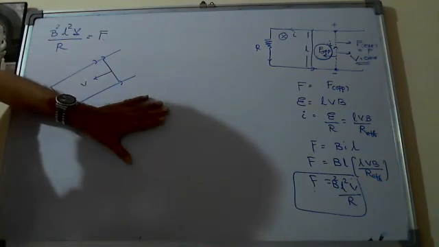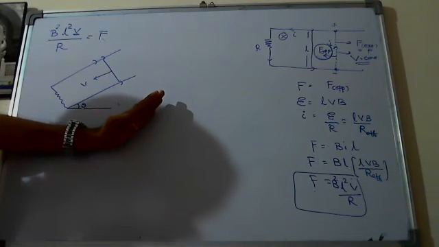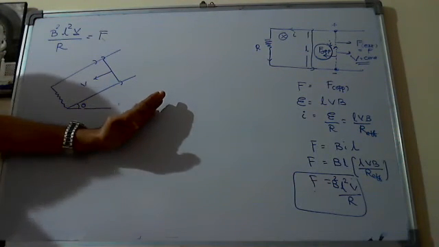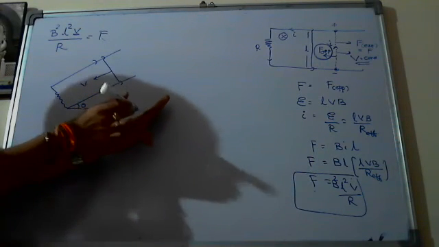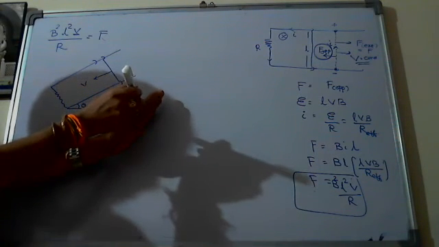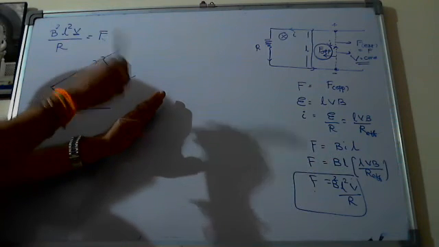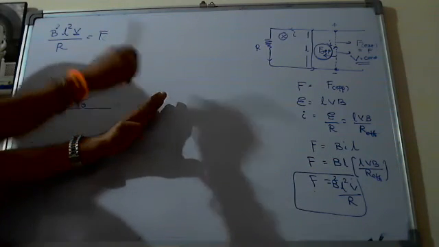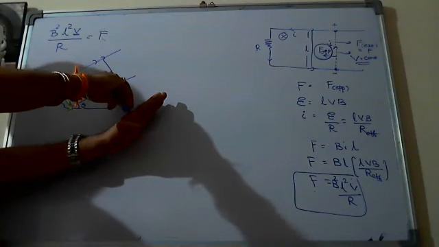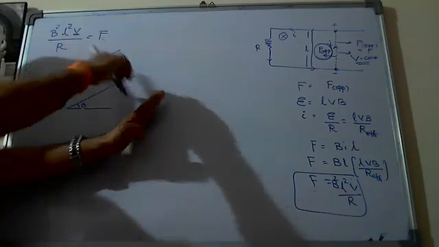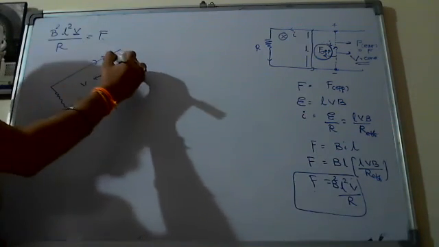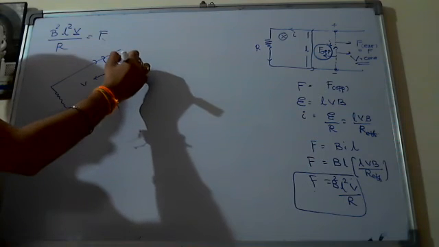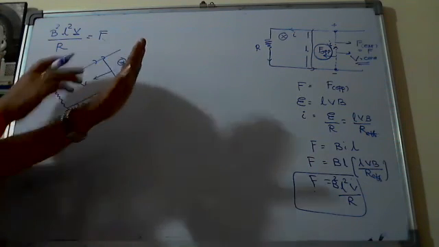The rails are like this. If I apply the magnetic field into the page here, the problem is the length is parallel to the magnetic field. So I have to take the magnetic field perpendicular to this inclined plane, either outwards or inwards, not like this but perpendicular to this.